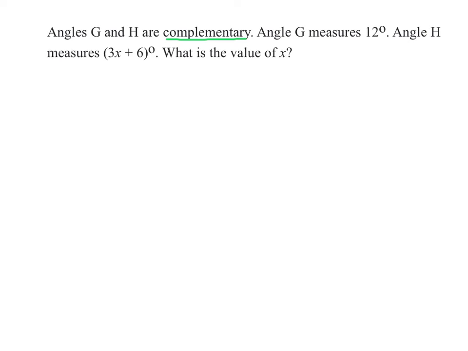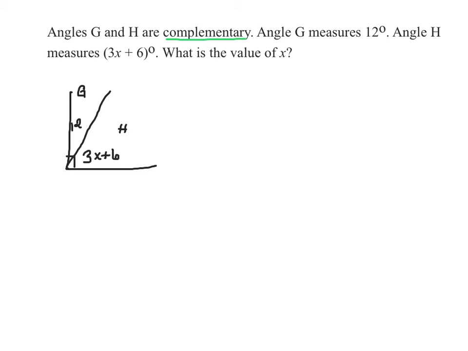So I'm going to go ahead and draw my first 90-degree angle. I'm going to split that into two angles. So angle G is going to be 12 degrees and angle H is going to be 3x plus 6.